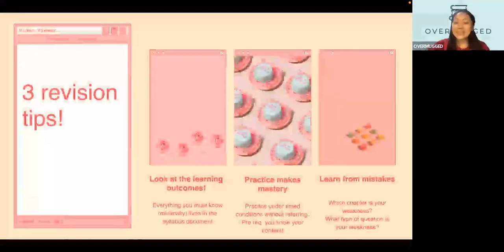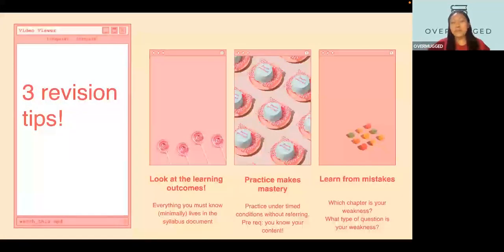The next tip is, we always say practice makes perfect, but I don't really believe in that. There is no perfection. I don't think I can answer every single thing yet, maybe I just have a higher success rate because I've been teaching so long and I've done many practice papers with my students before. But I think practice does make mastery, because I always tell my students the content is always the same.